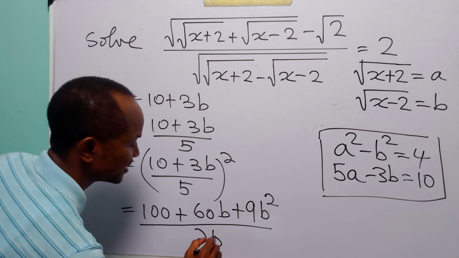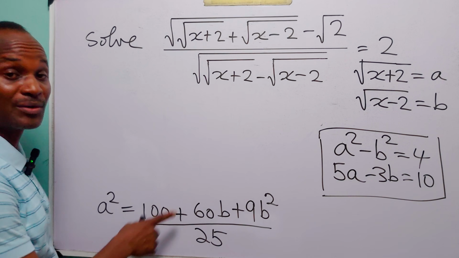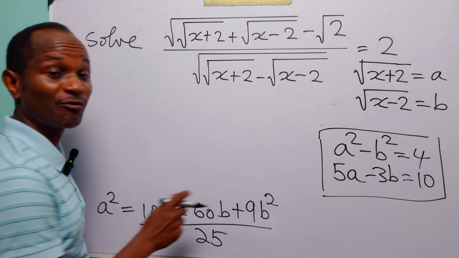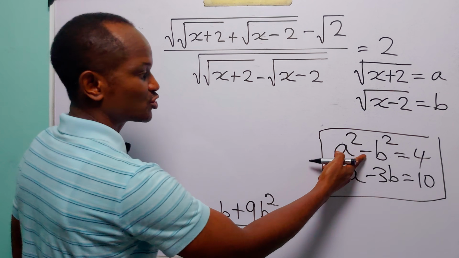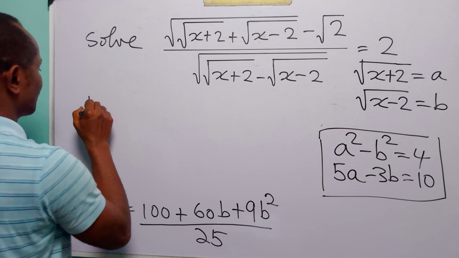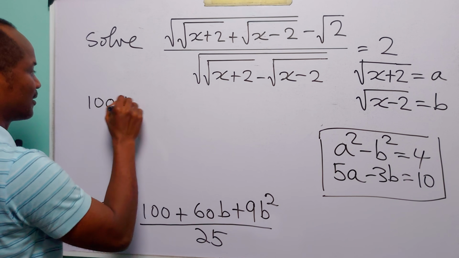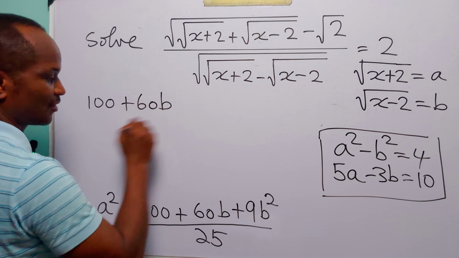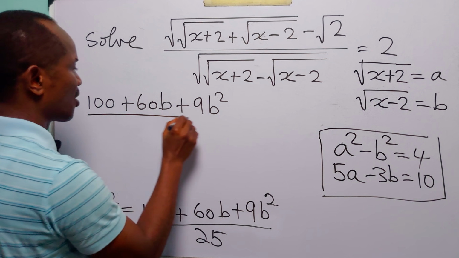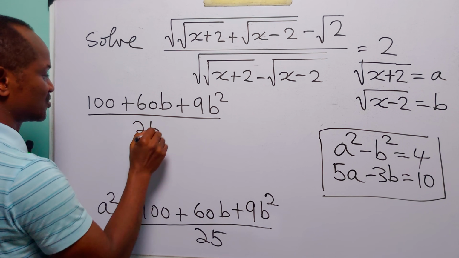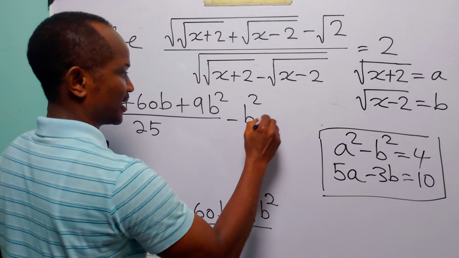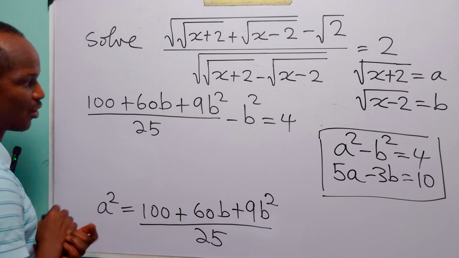And now that we have an expression for a squared in terms of b, all we have to do is to substitute into the first equation. So we have that (100 plus 60b plus 9b squared) all over 25 minus b squared is equal to 4.